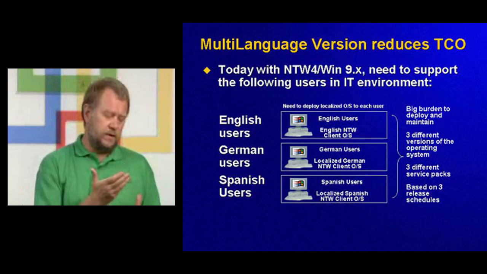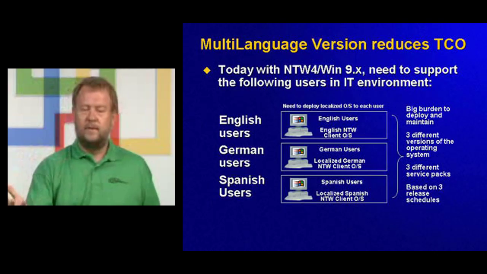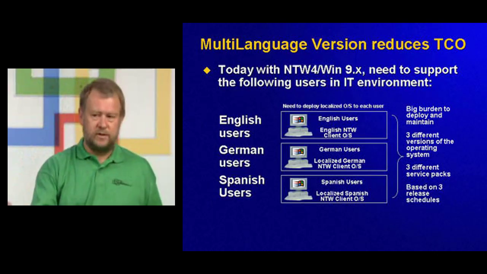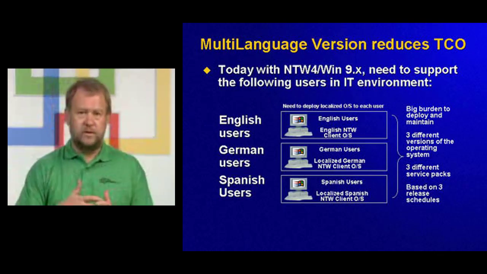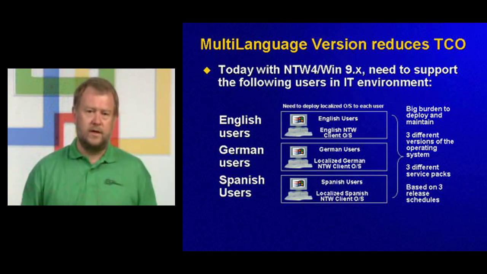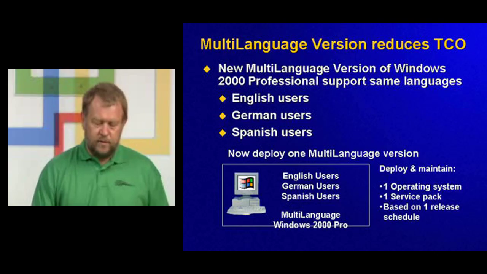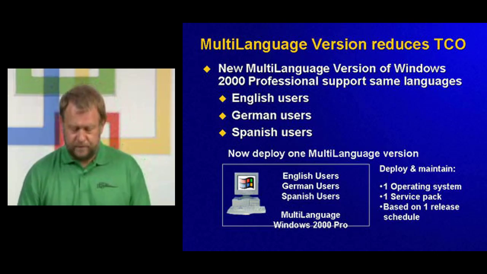You might have a German Windows 98 system, an Arabic-enabled Windows NT4 system, a Japanese NT4 system. But when you shared data across those, or tried to view file names or log in from one system to the other, you noticed that there were problems. So as you see at the bottom here, we have this new thing called the multi-language version of Windows 2000 Professional. And that supports all of the same languages in the same operating system.